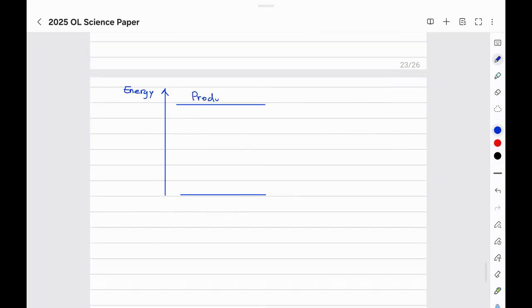Products have greater energy than reactants. Then we are moving from reactants to products in this way. Understood? So therefore, energy is absorbed. Always remember that one.